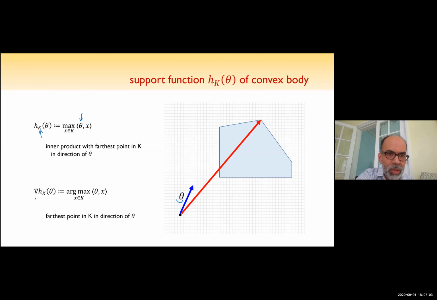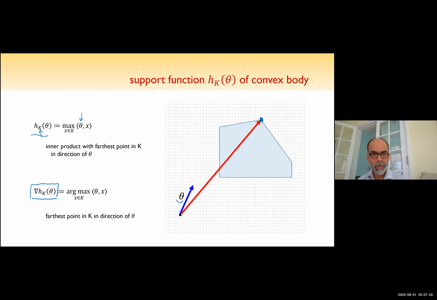It turns out this is a convex function, and if you take the gradient of this convex function, remember the gradient is this high dimensional derivative, the gradient is just the maximizing point out there. So the gradient of h_K of theta for this theta is this point.